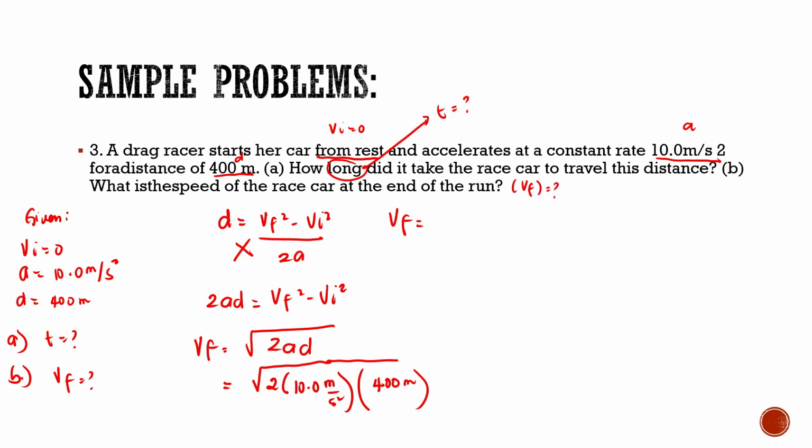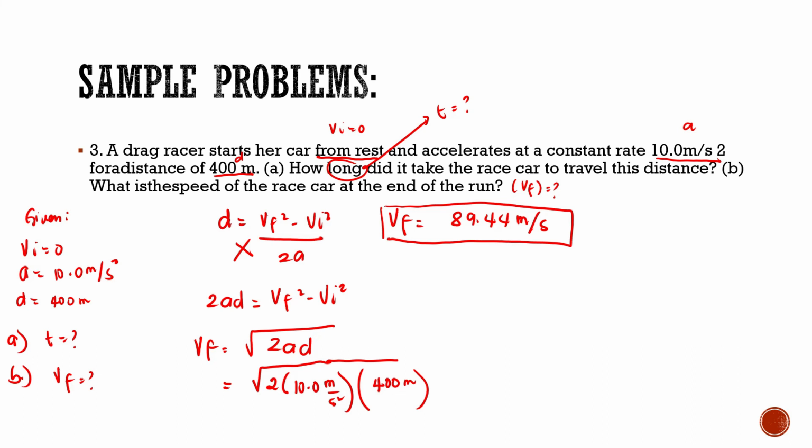Extracting the square root, the answer is 89.44 meters per second. That is your VF. So we now have letter B, and we proceed to letter A.